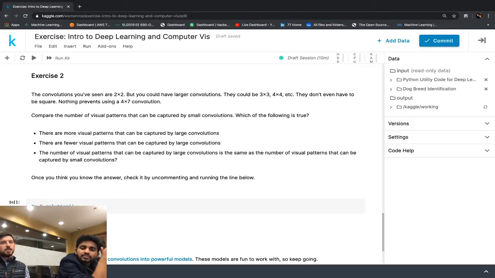Okay, so I would say you could capture more visual patterns with larger convolutions. It just gets more complex. The basic idea is that if we have a larger filter, then it would include more pixels from the side of the main point that we're looking at.